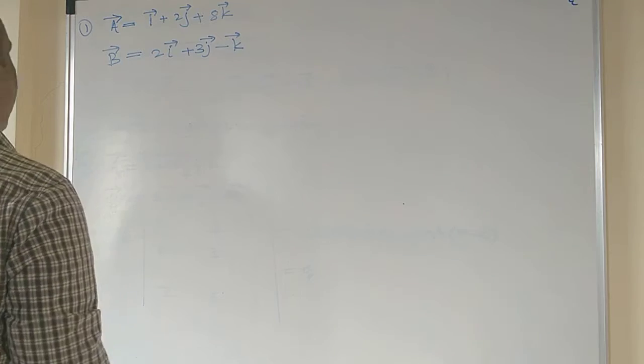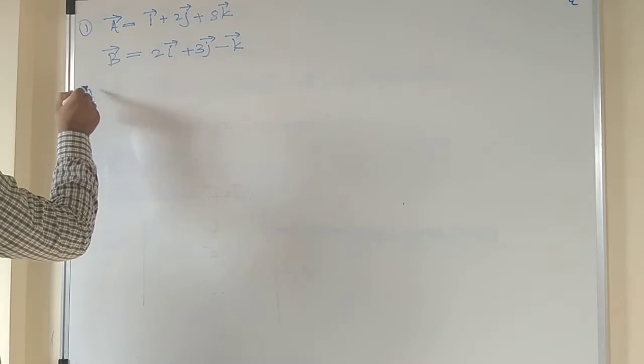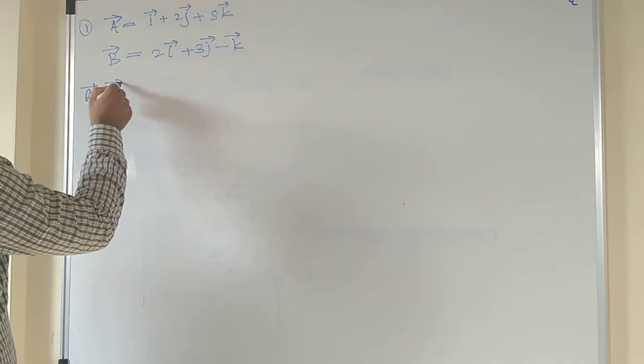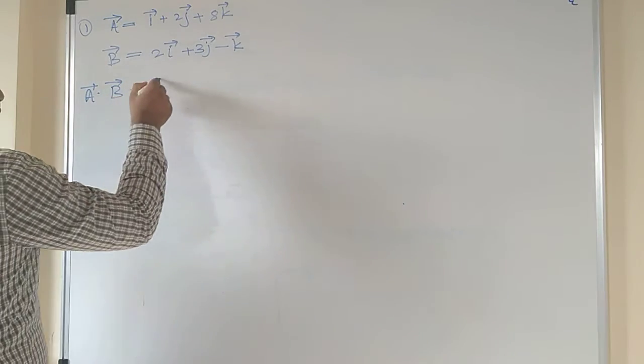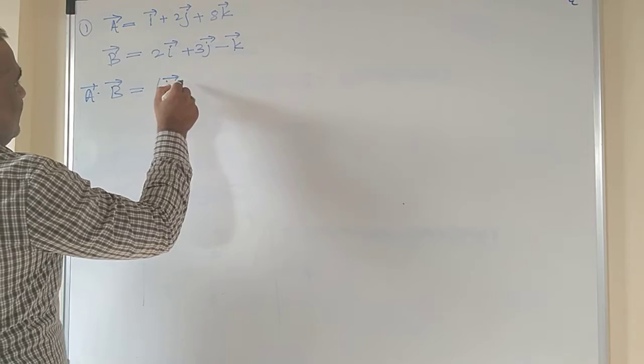These two vectors are perpendicular to each other, that means the dot product must be equal to 0. So let us take the dot product. Taking the dot product will be quite easy.